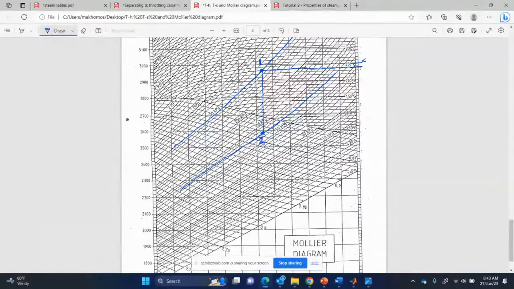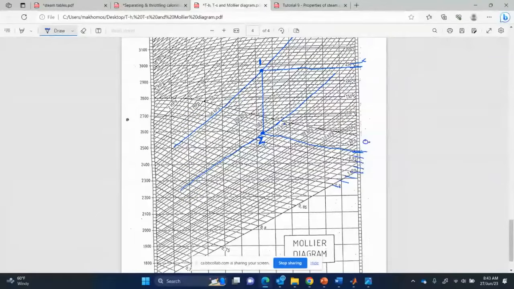So the question says, determine the dryness fraction. From here, you can follow the dryness fraction line up to here. So here we have 0.9, 91, 92, 93, 94, 95, 96, 97.